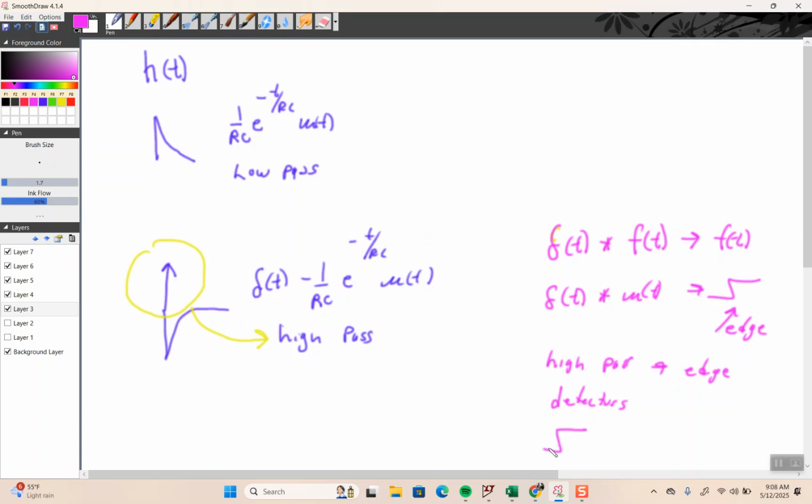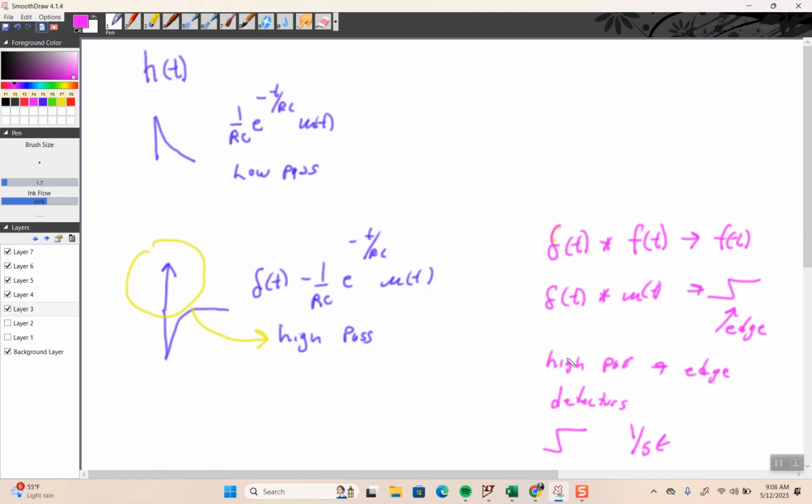The Laplace transform of a step is 1 over s, where s is a complex number. It goes from 0 to everything, but really it can go from 0 to infinite frequency.